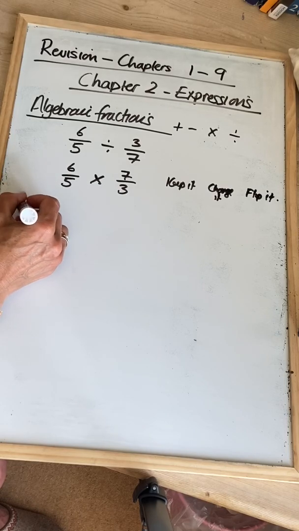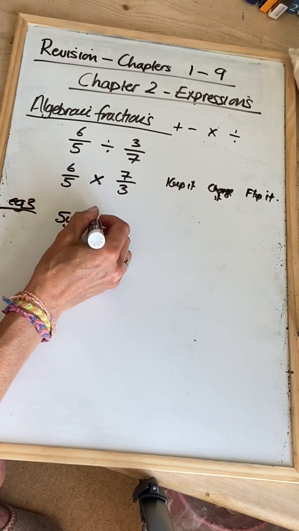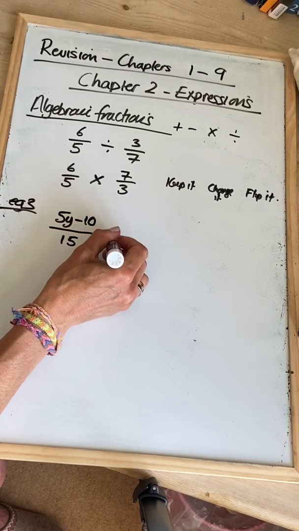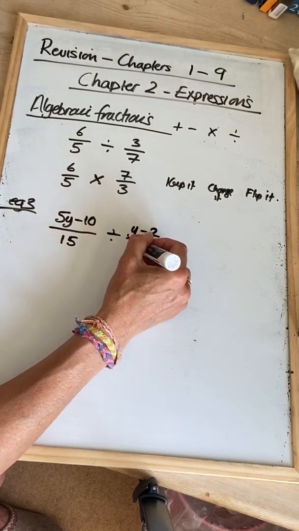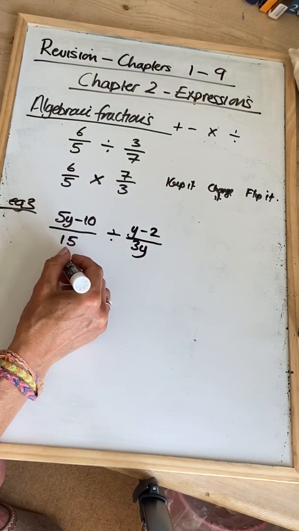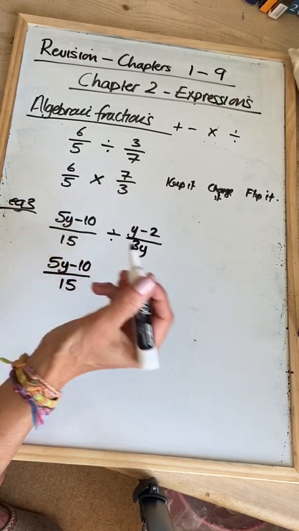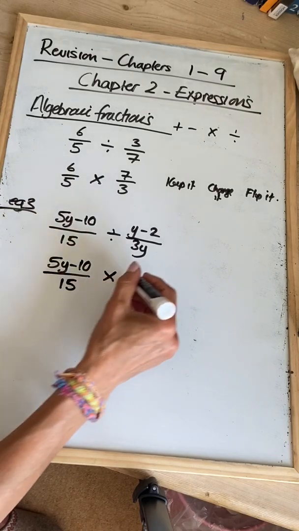Okay, so our last example, 5y minus 10 all over 15 divided by y minus 2 over 3y. Keep it the same, 5y minus 10 over 15. Change that division to a multiplication.